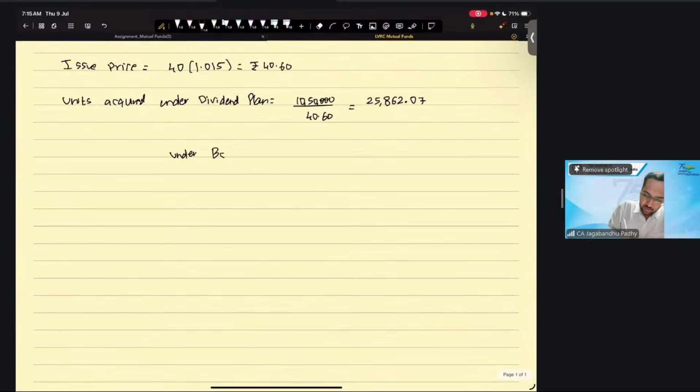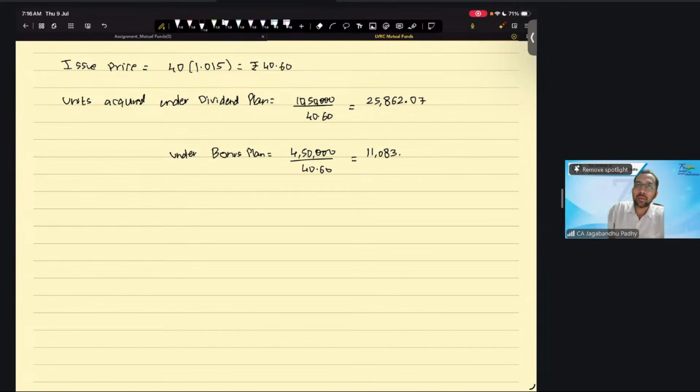Under the bonus plan, it is 4,50,000 divided by 40.6. The units that we have are 11,083.74. So these are the units that we get.